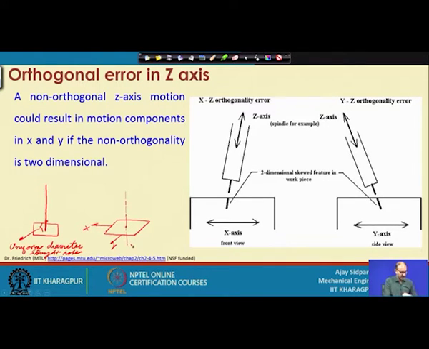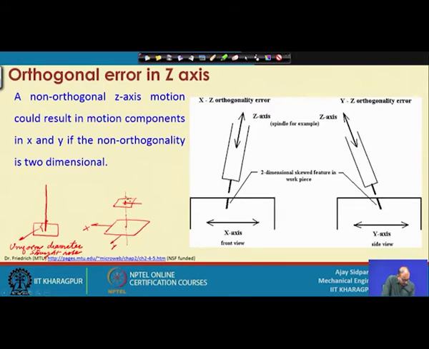this is the straight line. Now, let us create one plane here. And now, your tool is inclined with some axis here. Suppose your tool should be here, but your tool is located somewhere here at this location.